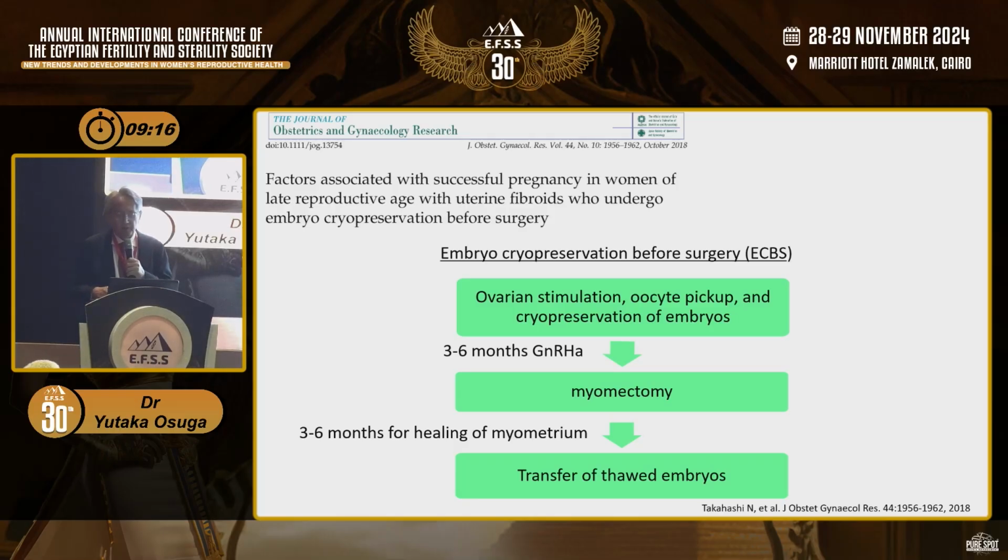To compensate for the time loss, we developed a procedure named embryo cryopreservation before surgery, ECOBIS, as shown here. In this procedure, we do oocyte pickup first, and the embryos obtained are cryopreserved. Then we treat the patient with GnRH analogs and do myomectomy. After the healing of the myometrium, we do embryo transfer.